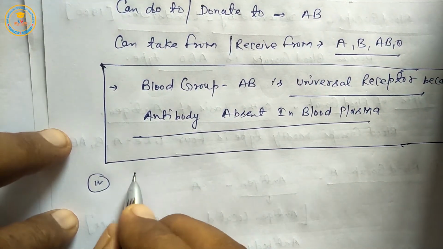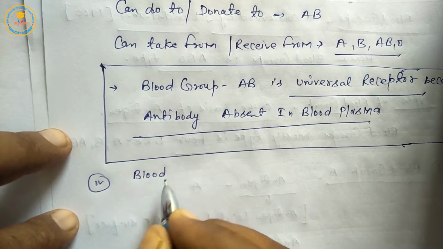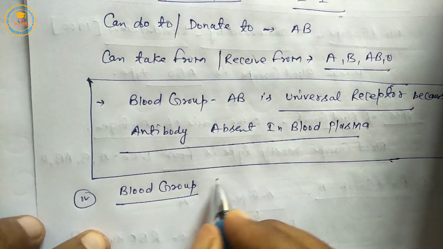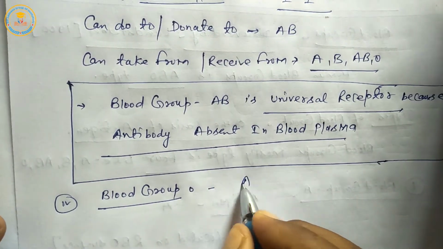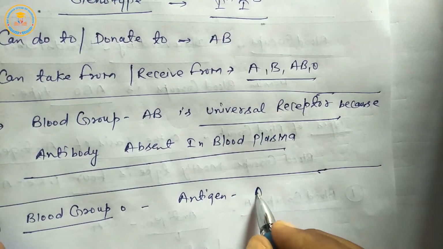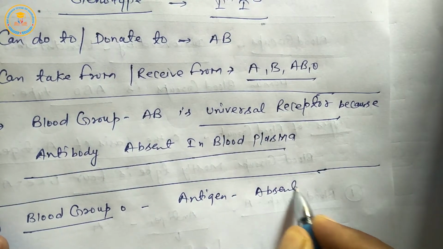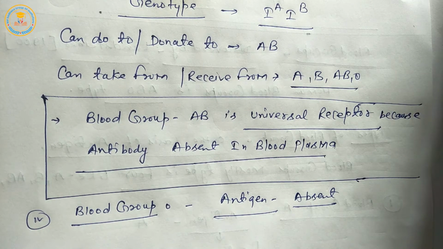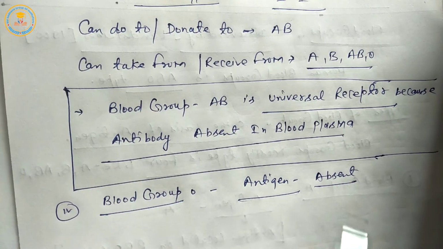Next, fourth is blood group O. First, antigen is absent. It means blood group O people are antigenless.